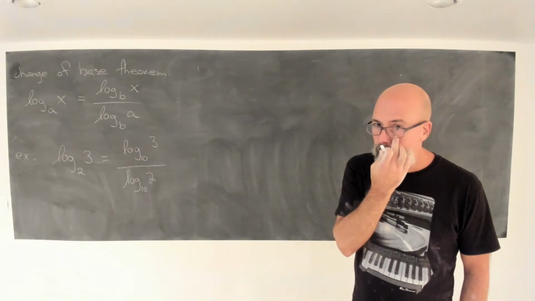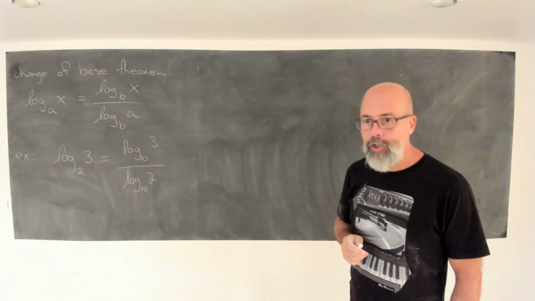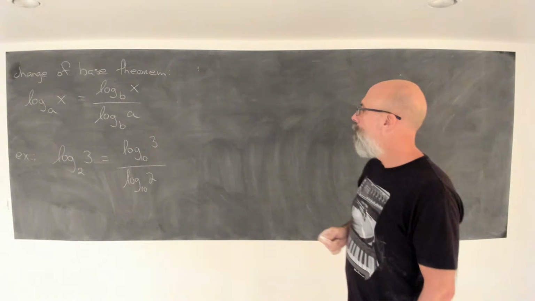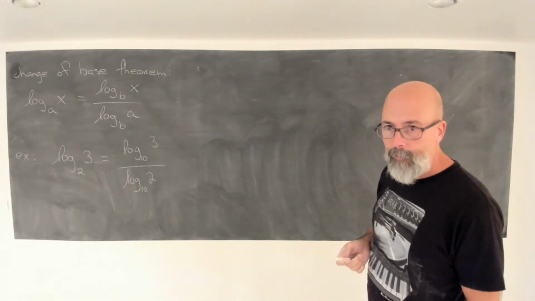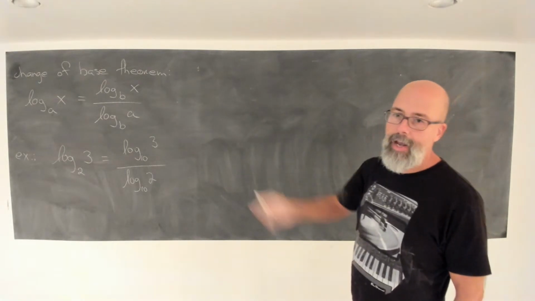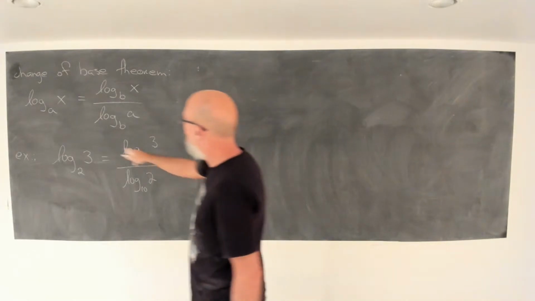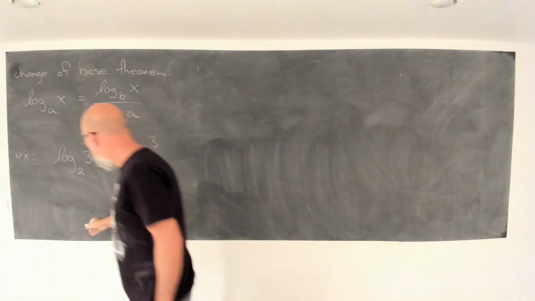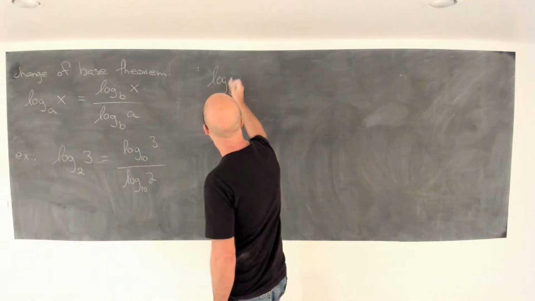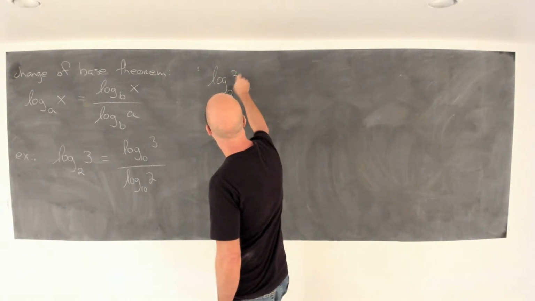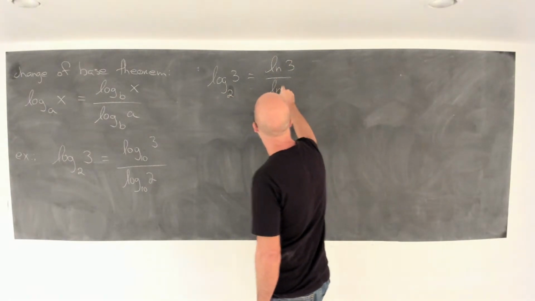Matt is suggesting different calculators may allow you to change the base. Very well, but you don't need it because you have the change of base theorem. And I suspect that that's exactly what they use. Also, if you wanted to, you could have changed that to base e by saying this is log 3 divided by log 2, right?